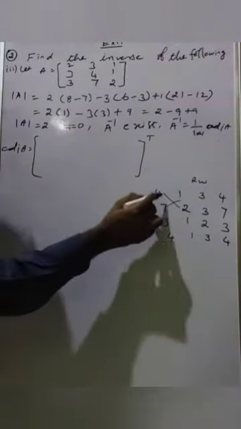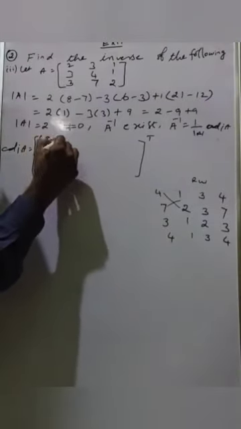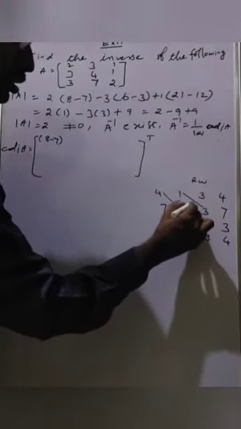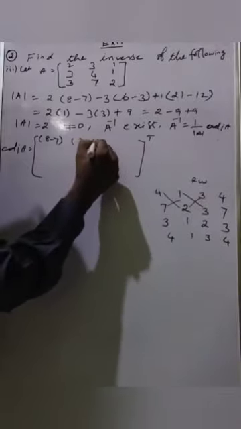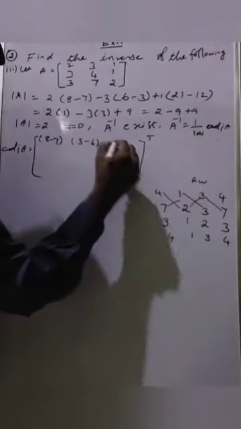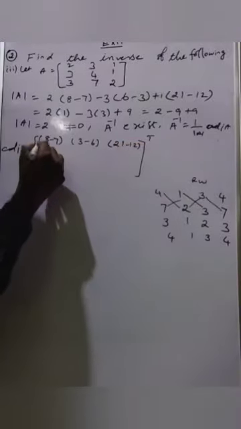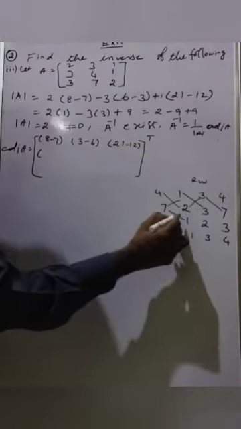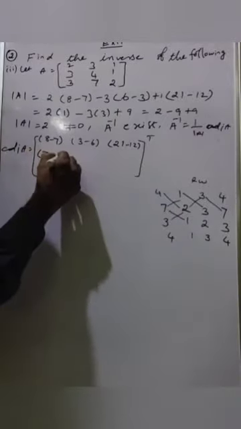Now we have to find 1 by 1. Okay, see that? This 4 2s are 8, minus 7. First element, then 3, minus 6, then 21 minus 12. Next one, 7 minus 6.